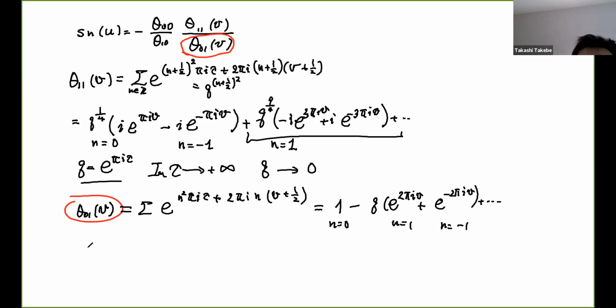And so, as we have seen, theta 0, 0 goes to 1. And theta 1, 0 goes to q.